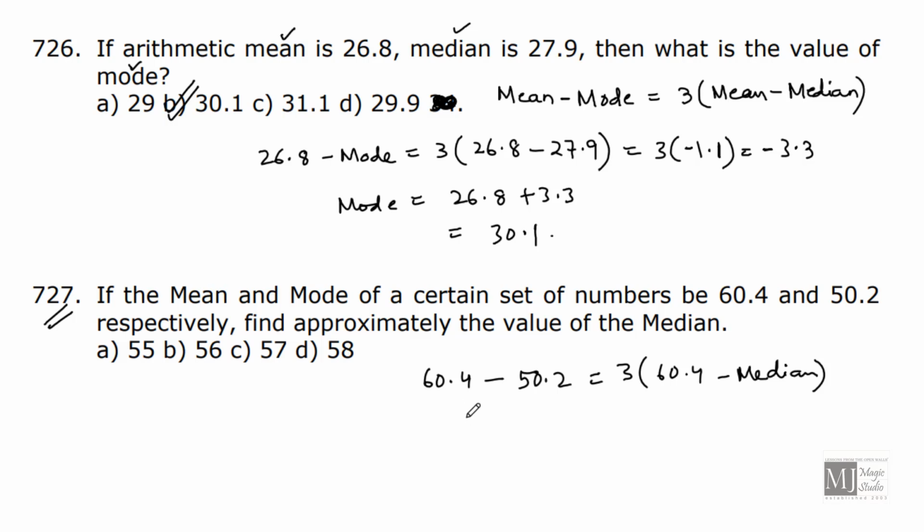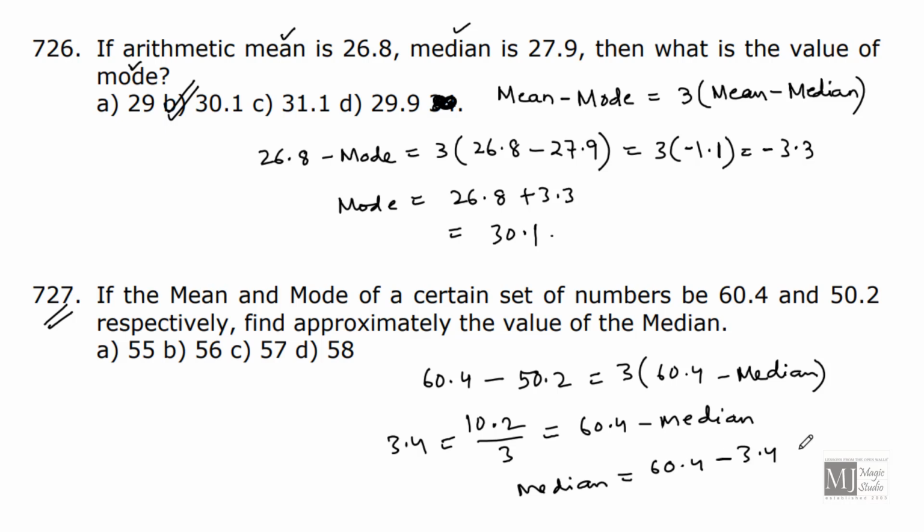So this is 10.2 by 3 equals 60.4 minus median. 10.2 by 3 is 3.4. Therefore, median should be 60.4 minus 3.4, that is 57.